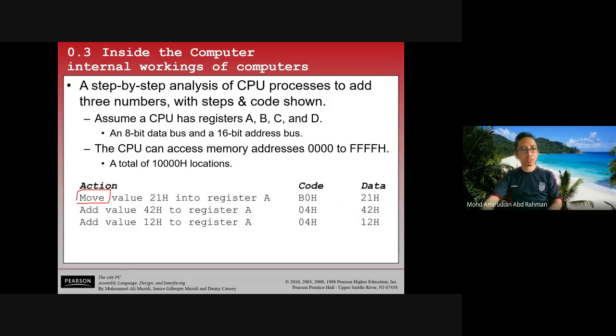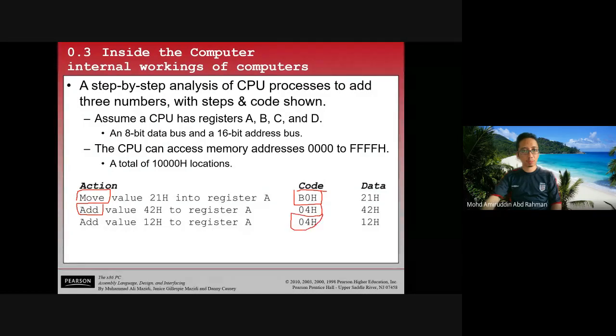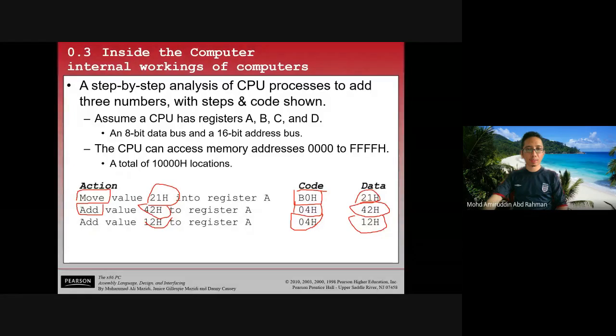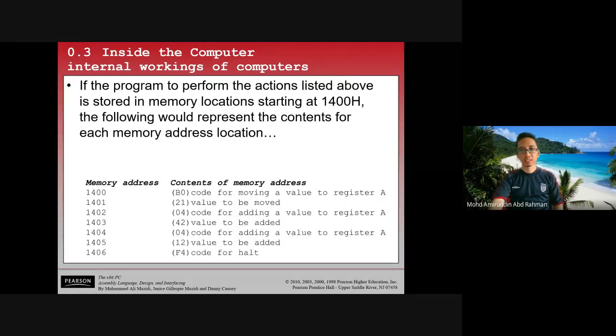This move is instructed to the CPU by this code. Add is instructed to the CPU by this value. But this value is the data value. So that's the difference between the action and the value of that.